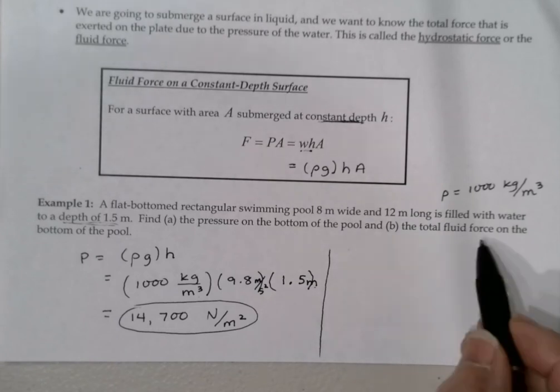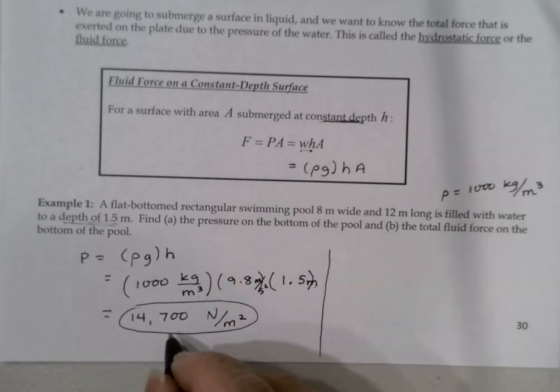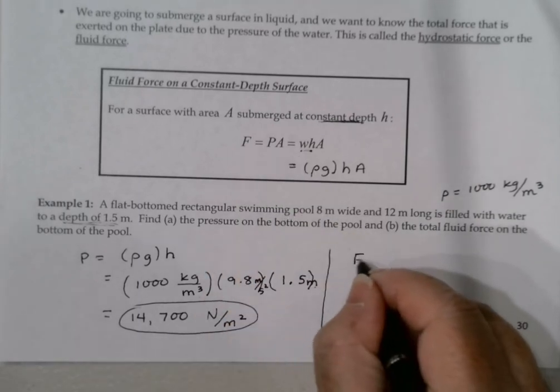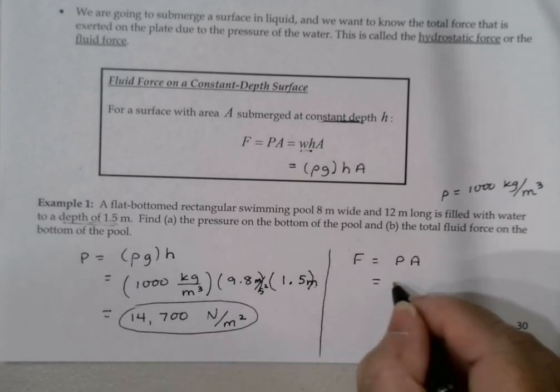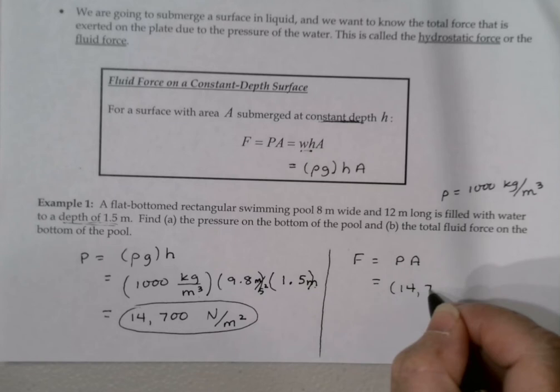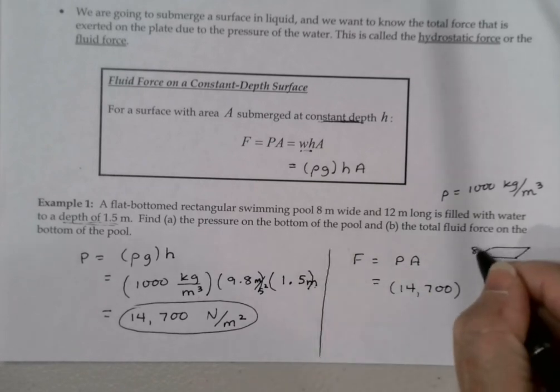All right, total fluid force on the bottom of the pool. Force is pressure times area. We've already calculated the pressure, so we can use that. Our pressure, 14,700, times the area of the bottom of the pool. Bottom of this pool was 8 by 12.